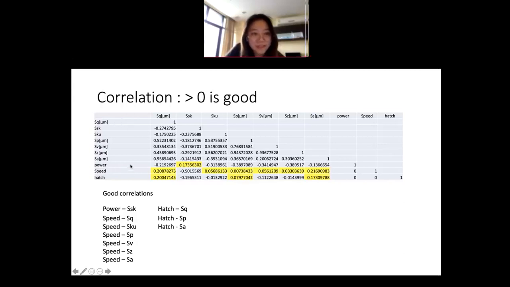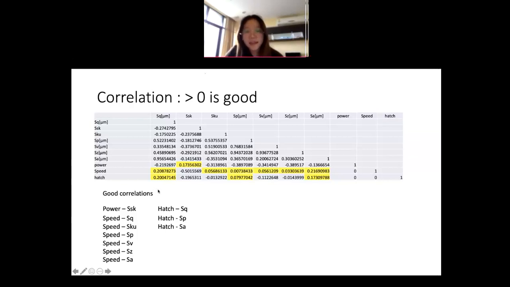We can only look at the last 3 rows, because the first rows were the relationship between each surface roughness, so that doesn't matter. If we look at power and SSK, which I highlighted yellow, that is good because it is positive, greater than 0. Correlation exists only between -1 and 1, and if it's greater than 0, it has a relation.